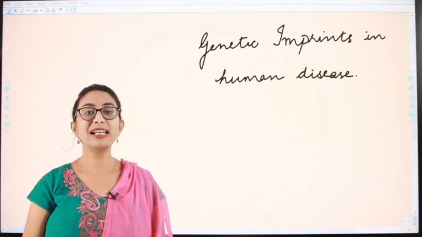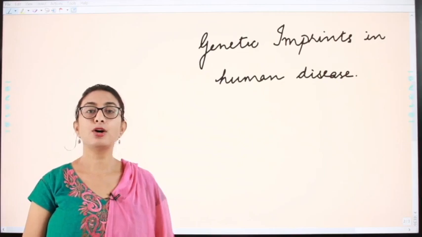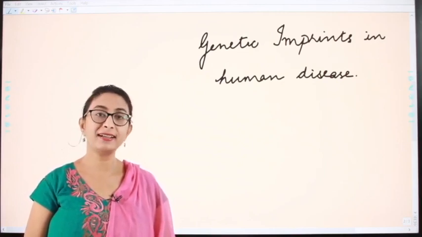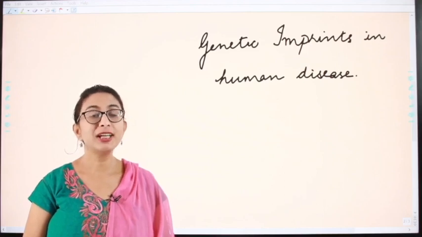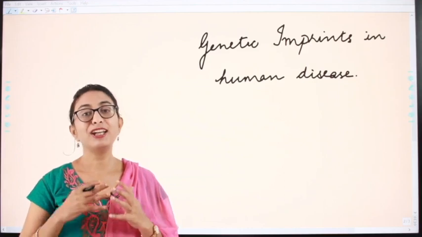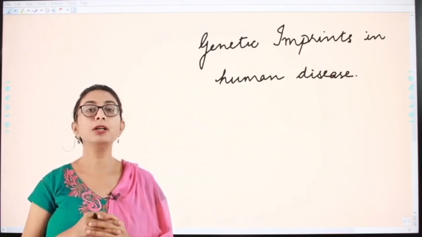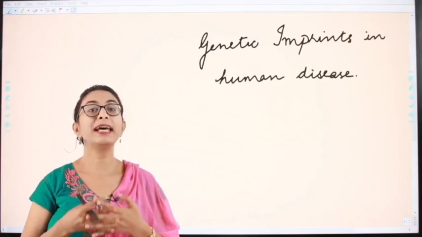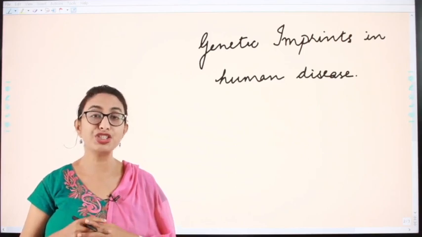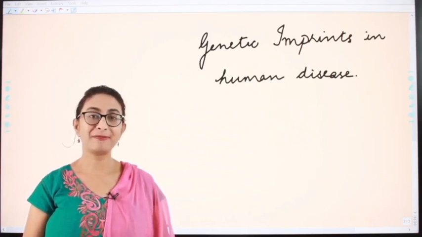The differential expression of the gene based on the parent from whom the gene is inherited is called genetic imprinting. I will repeat. The differential expression of the gene based on which parent we are inheriting it from is called genetic imprinting.